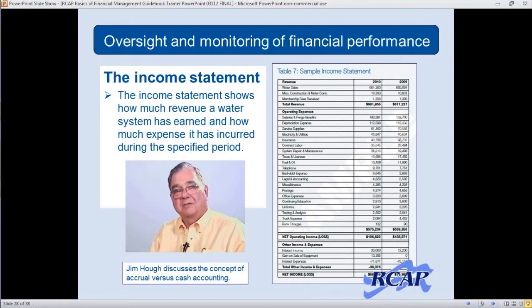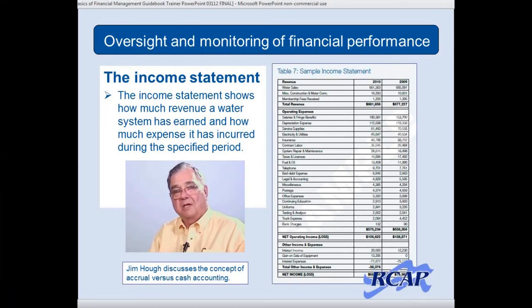The average citizen recognizes the bills when the bill comes in and pays the bill when the bill comes in. It's better for governments, in most cases, to recognize the debt as soon as the obligation has occurred, rather than to wait for the bill, in order to make sure that you have the cash on hand to be able to pay the bill when it comes in.